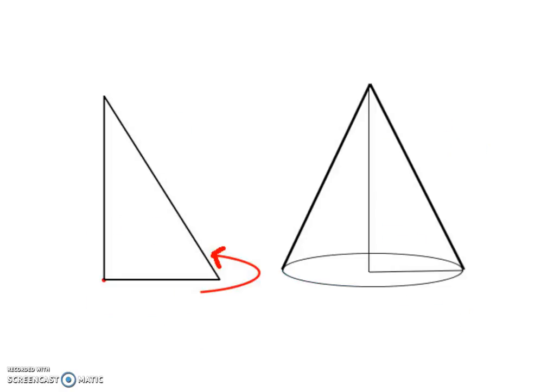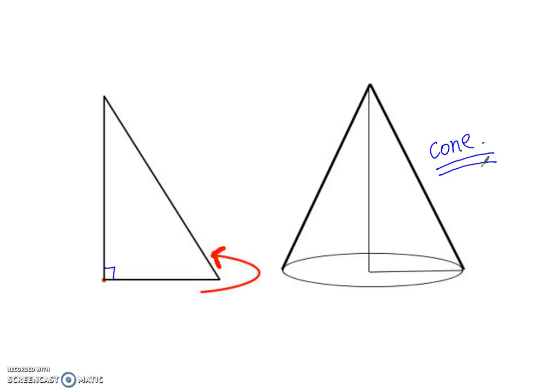Just for the sake of explaining this more, if you're picking a 90-degree right triangle and you decide to rotate it over the longer leg, what shape do you get here? You get a cone.